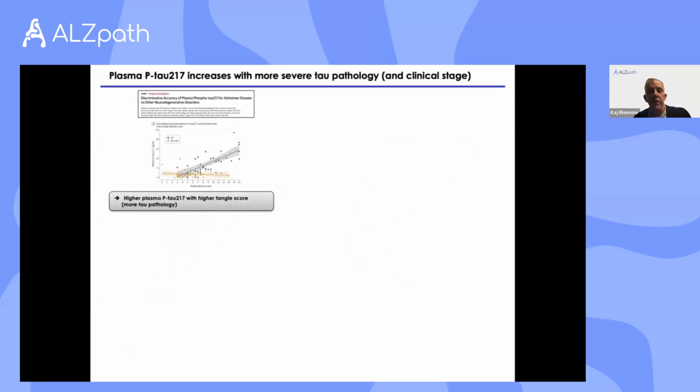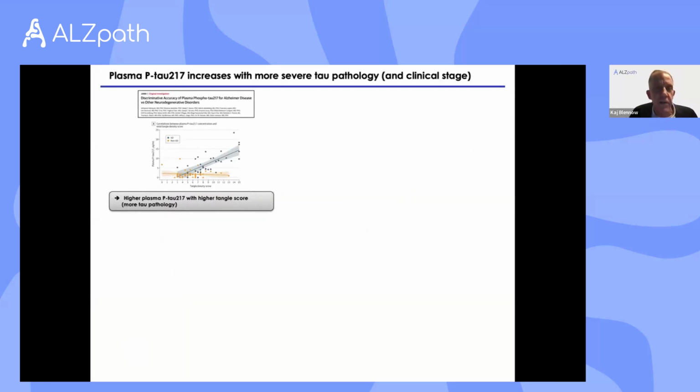So one thing also on the path to the clinical implementation is how early can we go with pTau217 assays. So this is just a quick overview of some studies.